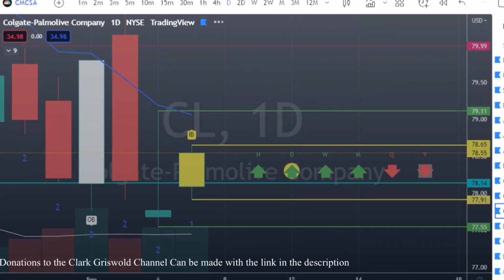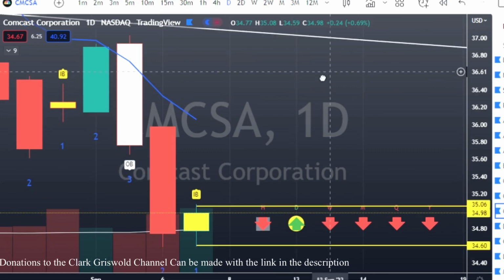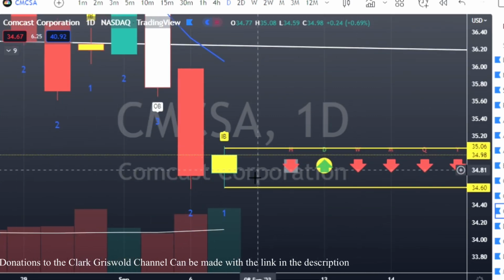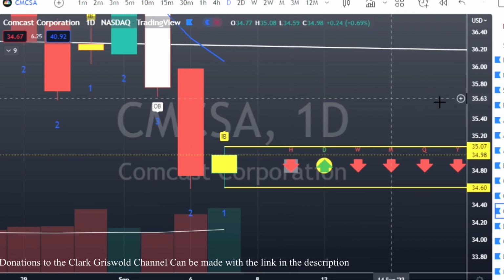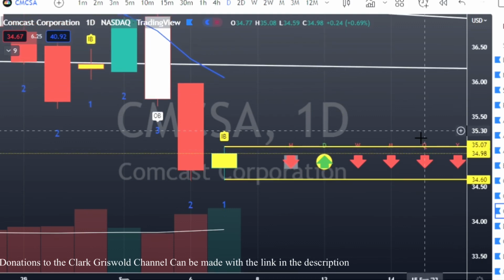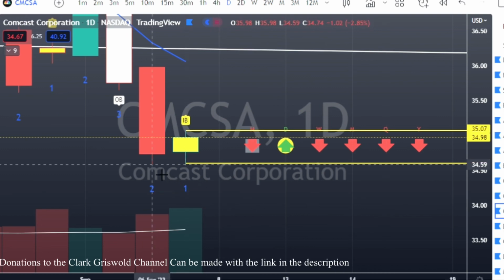Comcast had an inside bar as well, I believe. There it is. Okay, this one. If we trigger to the downside, that day is going red, and we have full time frame to the downside. And that's what I would like to see. This full time frame continuity gives us a high probability that this trade works out. The thing I don't like, guys, is that target right there.